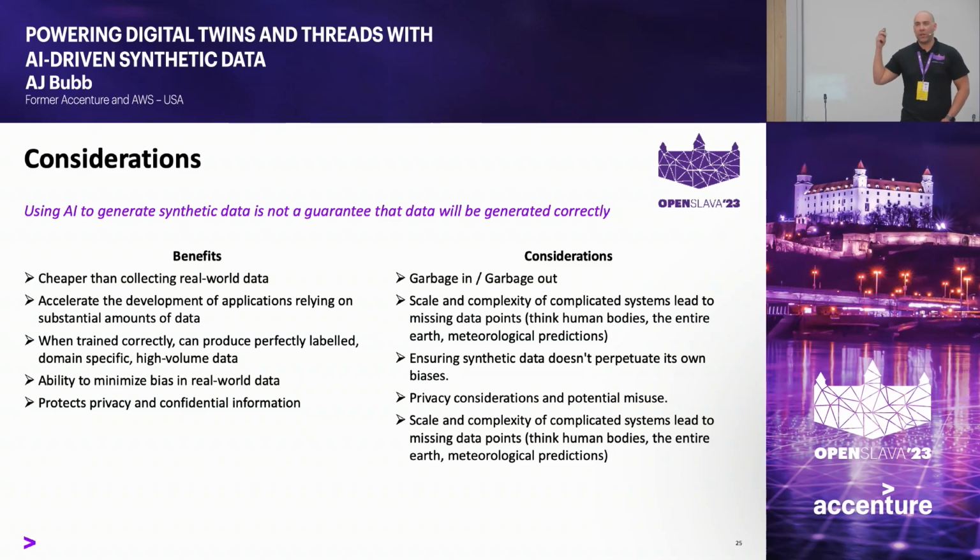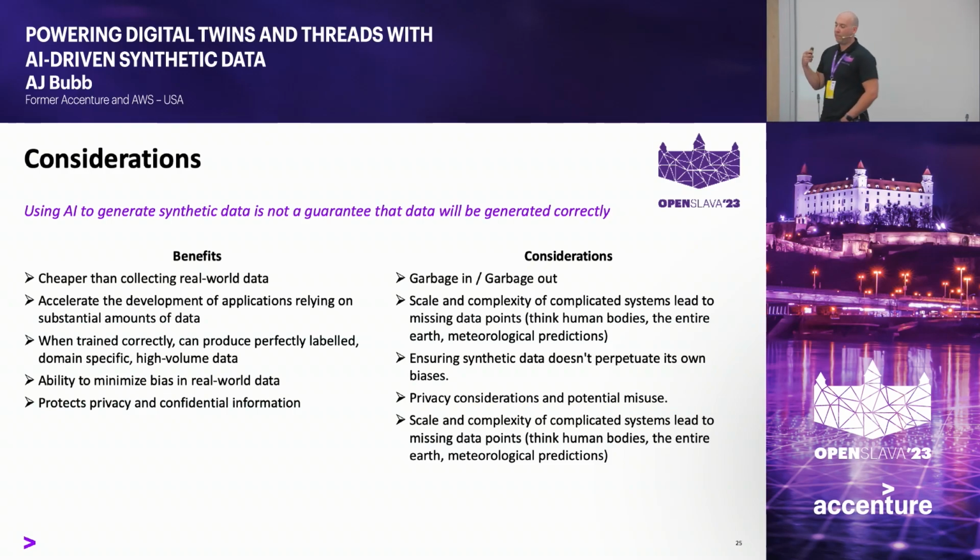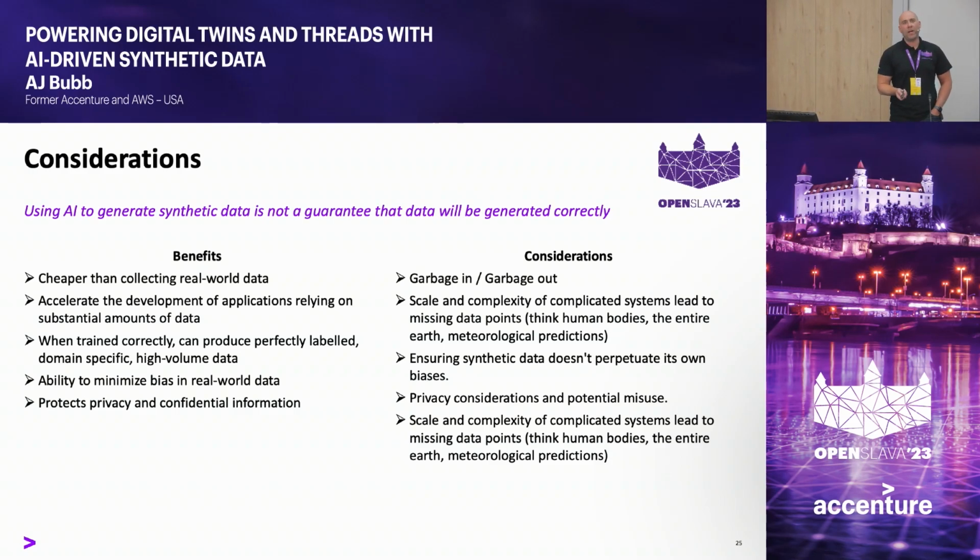Well-trained models, another thing, will be able to produce perfectly labeled data because you're defining what you want the output to look like, and it's going to produce outputs based on your definition. It also minimizes bias. Yes and no. Bias is a big thing in your data, whether it's socioeconomic bias, trend bias, it could be a lot of things.